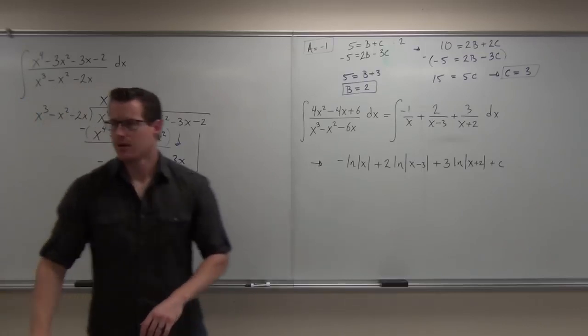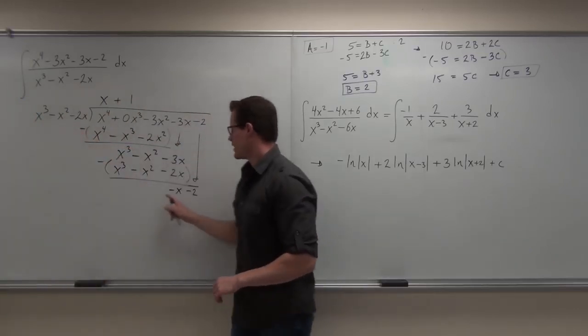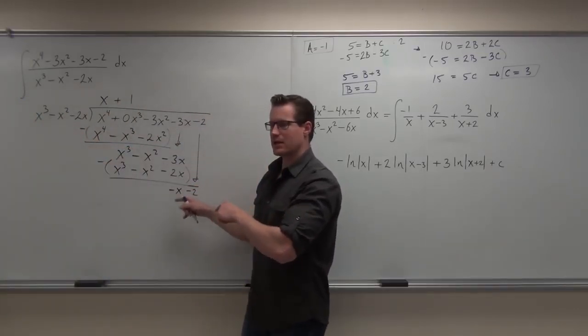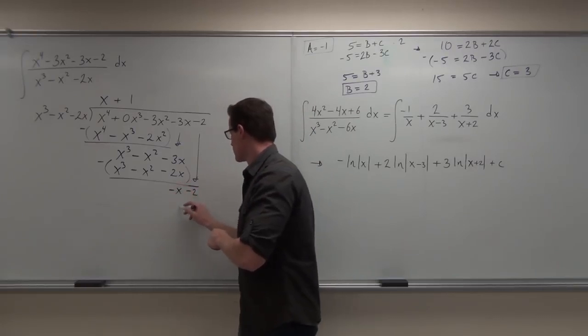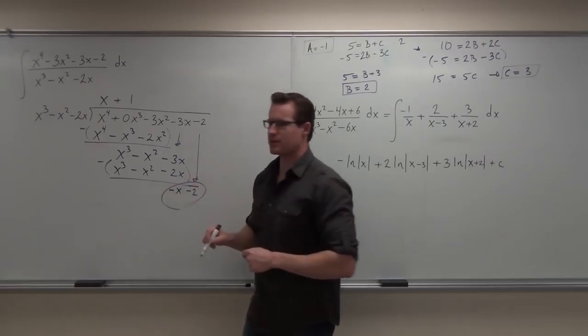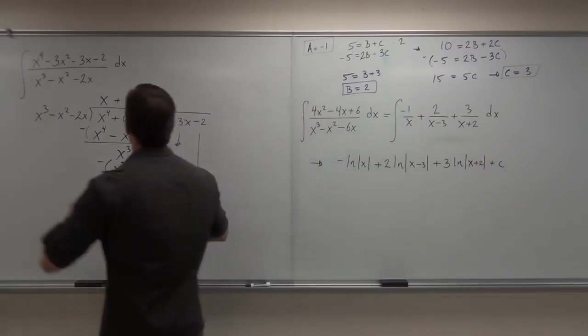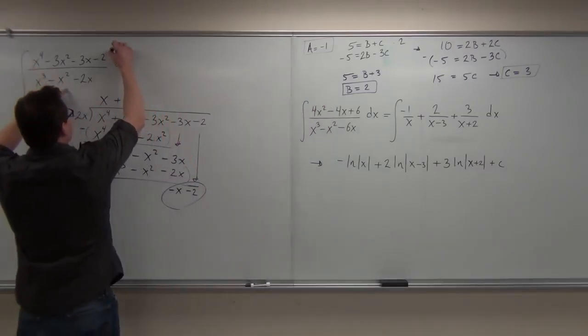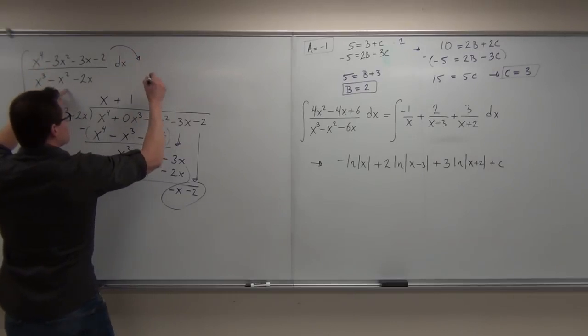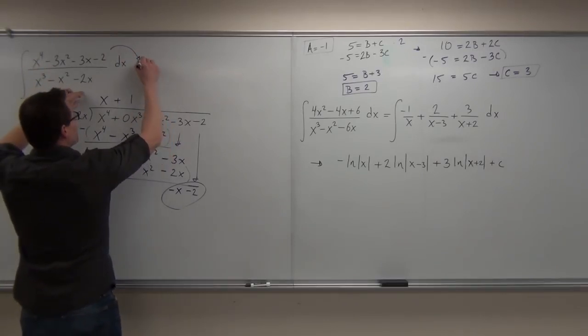Now we check again. Does x to the third go into x? No. Then this is our remainder. That's our remainder. Here's how you write your remainder. What this says is that this fraction is the same thing as x plus 1.